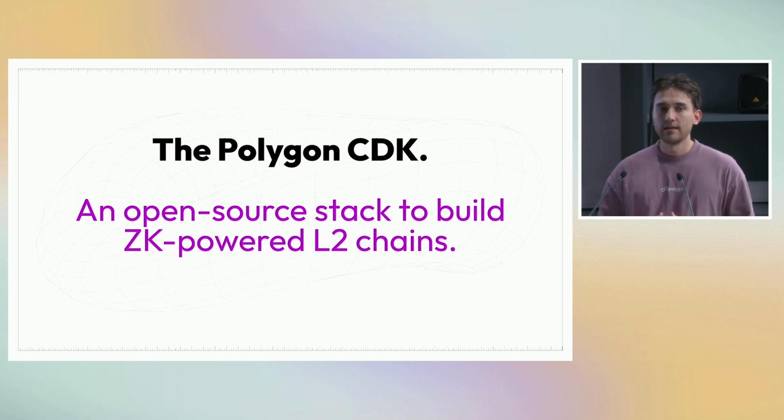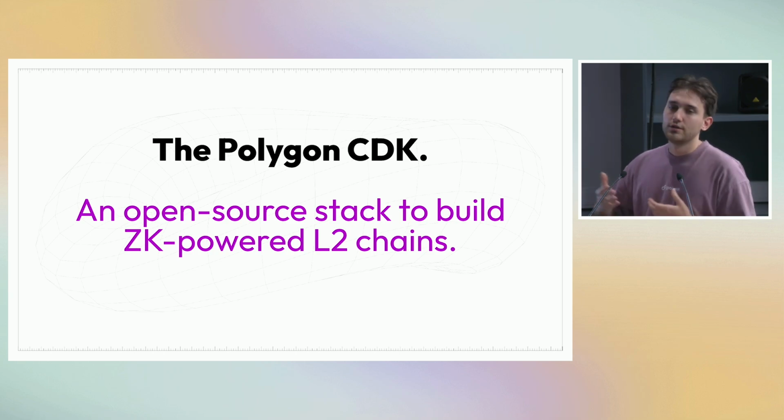And the story behind it is essentially we open sourced our ZK EVM production mainnet chain around a year ago, and then we've been running it in production ever since, and we said, we already have all these components. We spent the time and research into ZK and the issues that you run into running a production ZK EVM. Why don't we just open source each of the individual components and create a kit to combine all of those components to make your own L2, just like the Polygon ZK EVM.